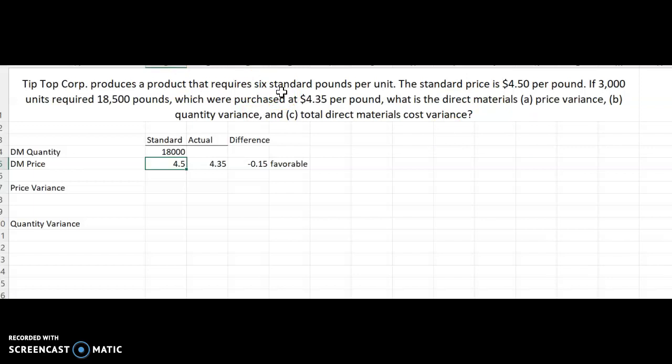And that is because how much did we actually make, or how much was actually required? 3,000. And then it tells me that when I made it, I actually used 18,500. So that was my actual.